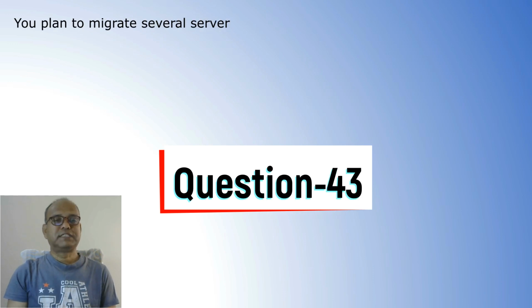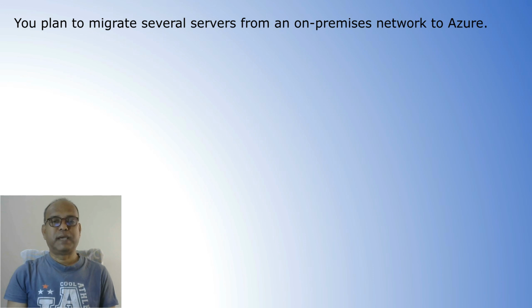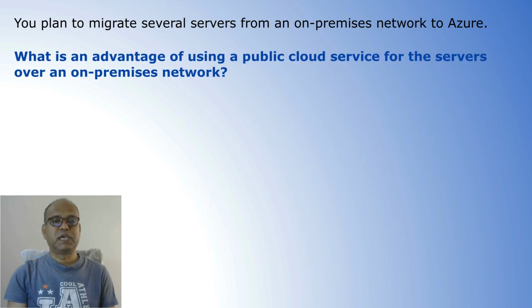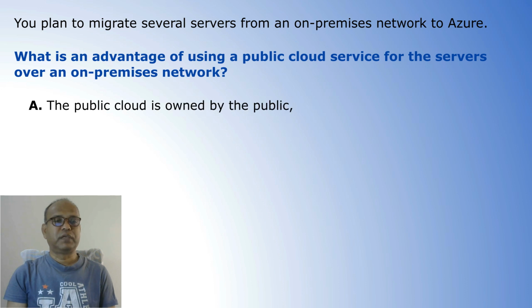You plan to migrate several servers from an on-premises network to Azure. What is an advantage of using a public cloud service for the servers over an on-premises network? Option A. The public cloud is owned by the public, not a private corporation.